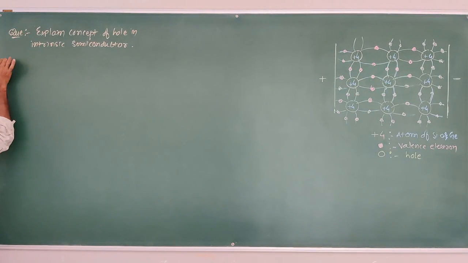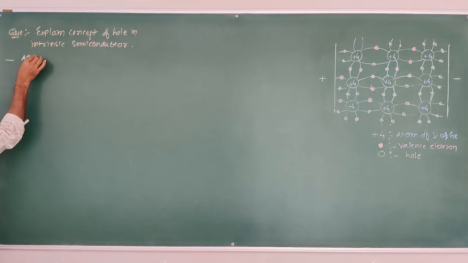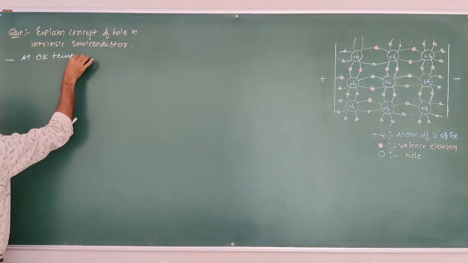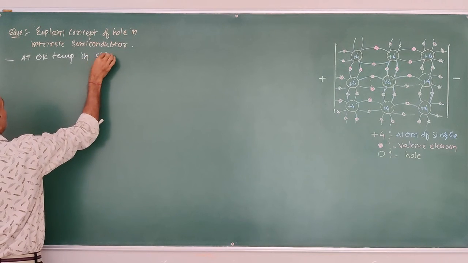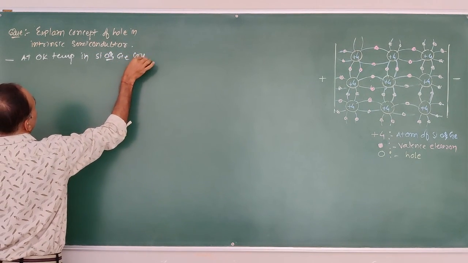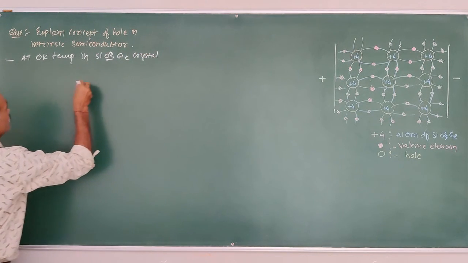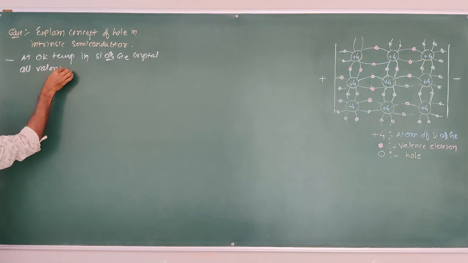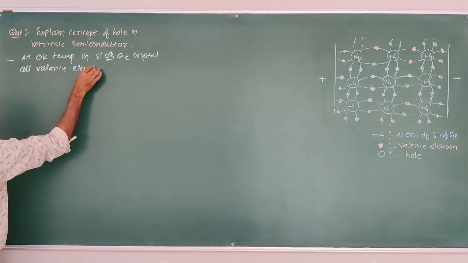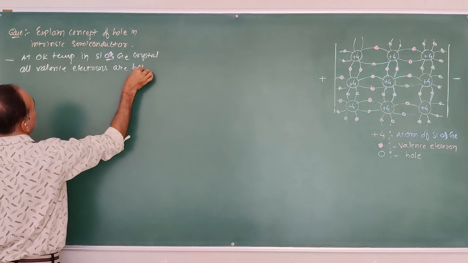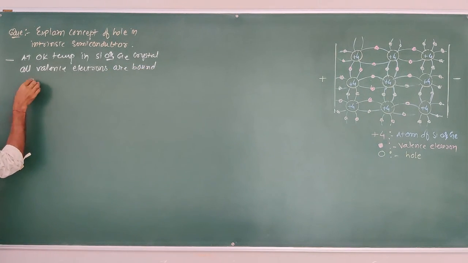So we can write it this way: at 0 Kelvin temperature, in a silicon or germanium crystal, all valence electrons are bound in covalent bonds.